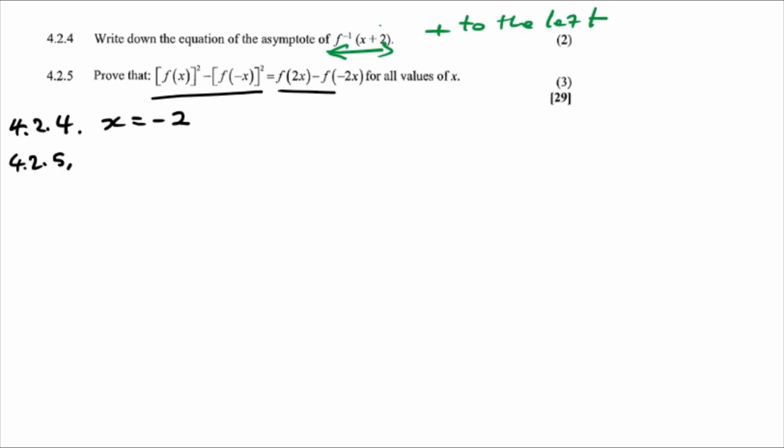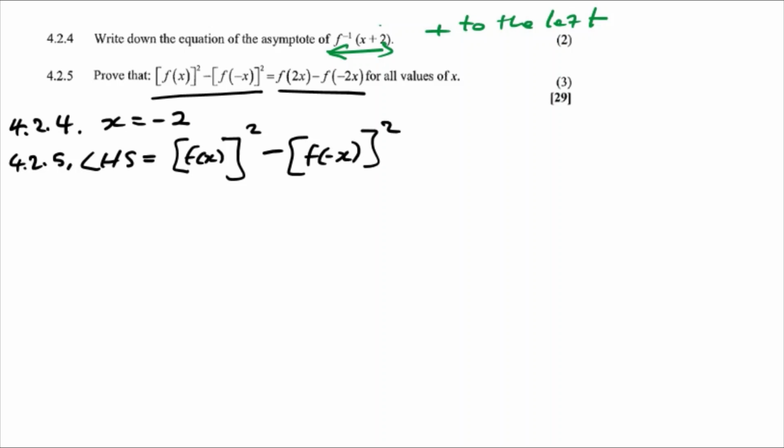Now let's just write the first one as the left hand side. The left hand side is equal to f of x squared minus f of negative x squared, right? And then the right hand side, we have f of 2x minus f of negative 2x.